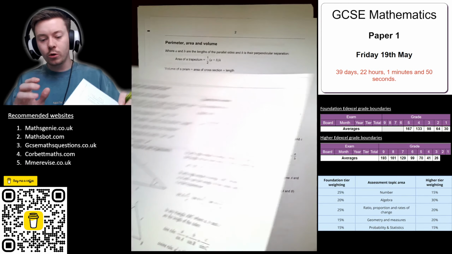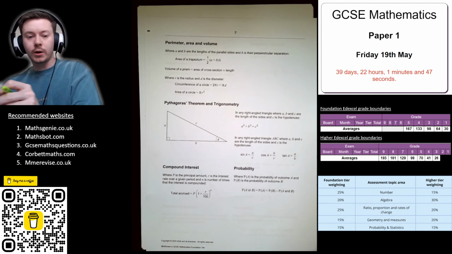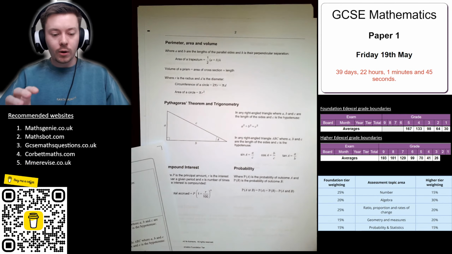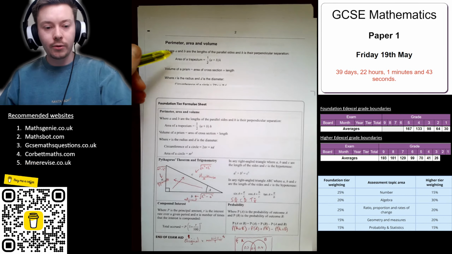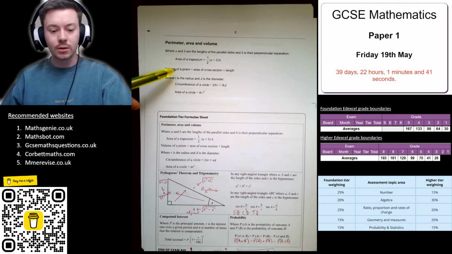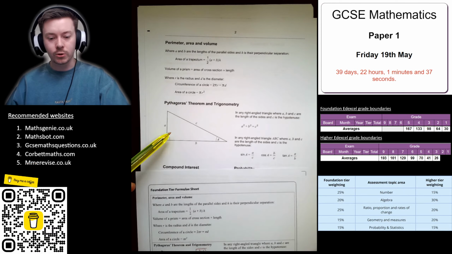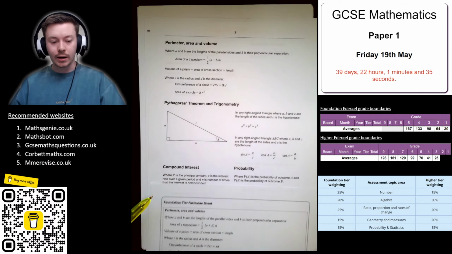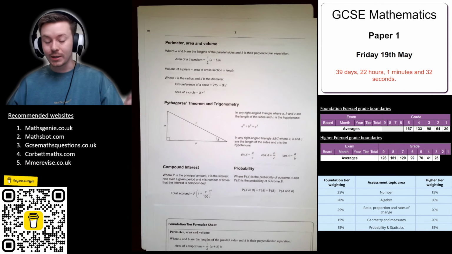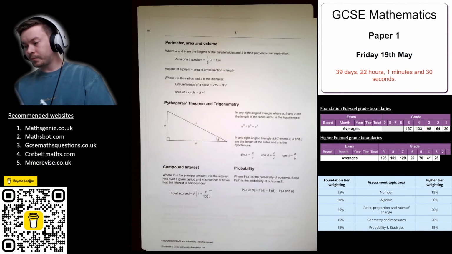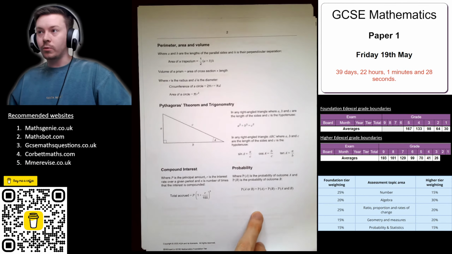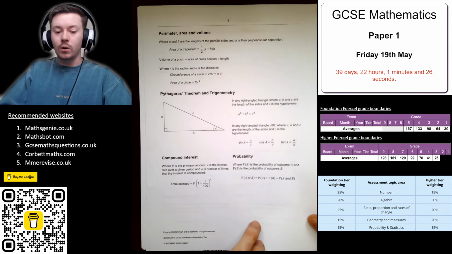Okay, now I'll show you quickly the similarities between Edexcel and AQA. If you have a look here, this is really, for all intents and purposes, the same thing. You've got all your perimeter, area and volume, Pythagoras and trig, laid out exactly the same way, compound interest and probability exactly the same. On the higher, as we would expect, that's exactly the same as well.